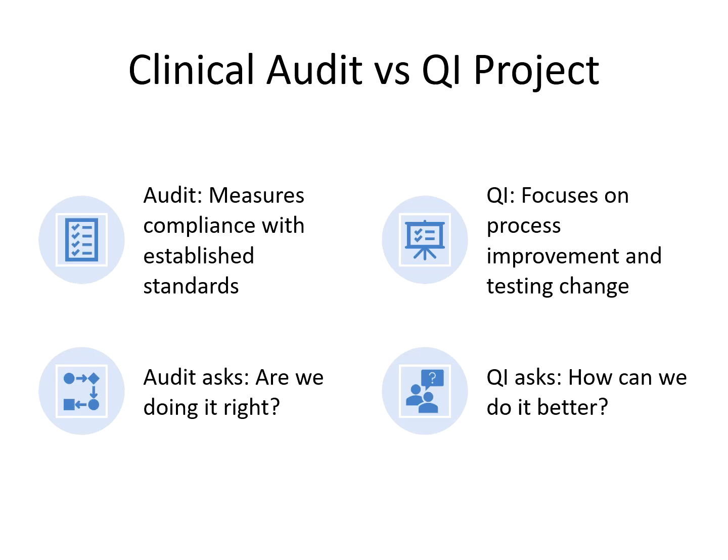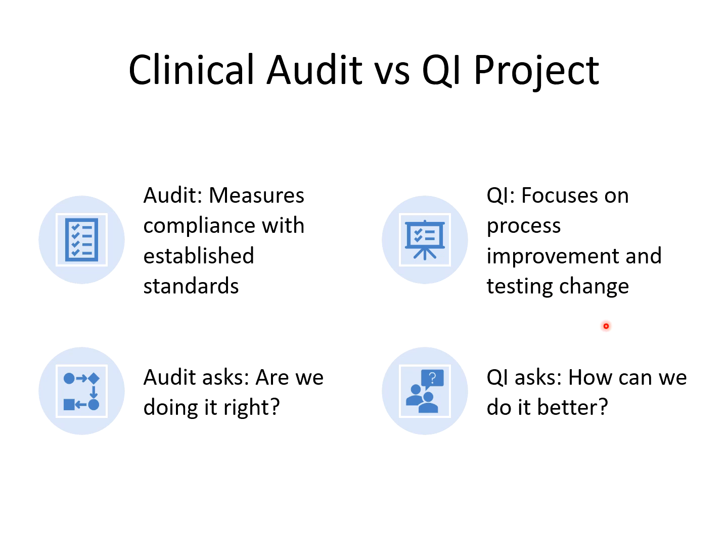Now, what is the difference between a clinical audit and a QI project? Clinical audit measures compliance with established standards, and in this we ask, are we doing it right? Because we know the right is the standard, and we are checking whether we are doing right or not. And in QI, we focus on improving the processes and testing the change.